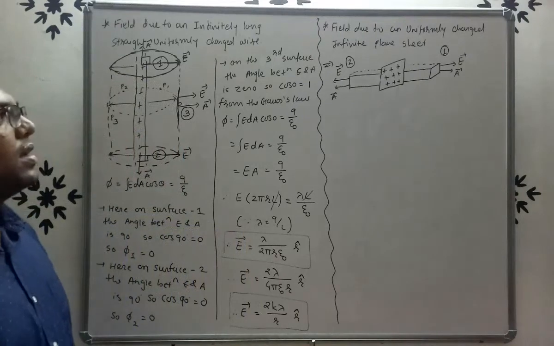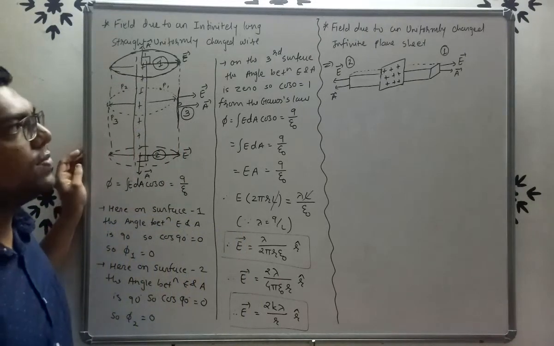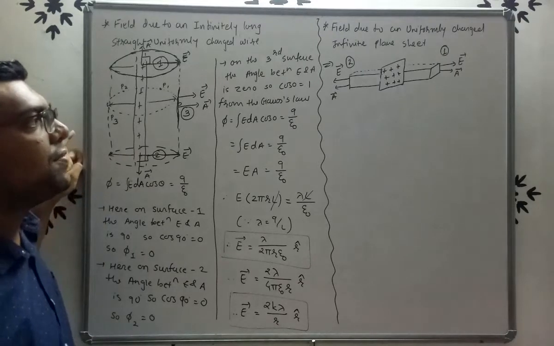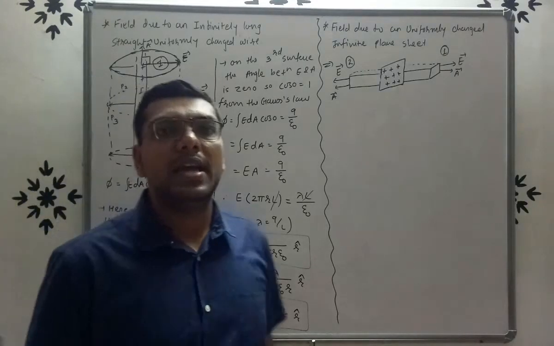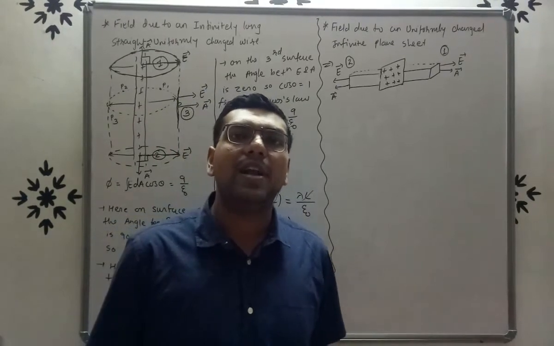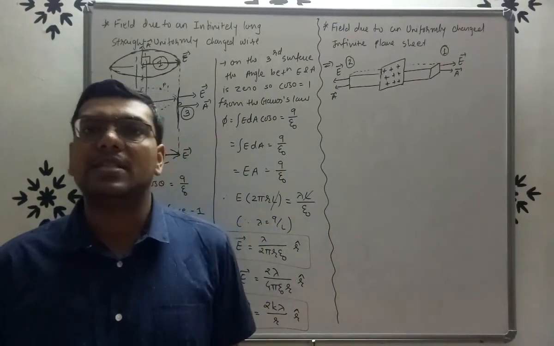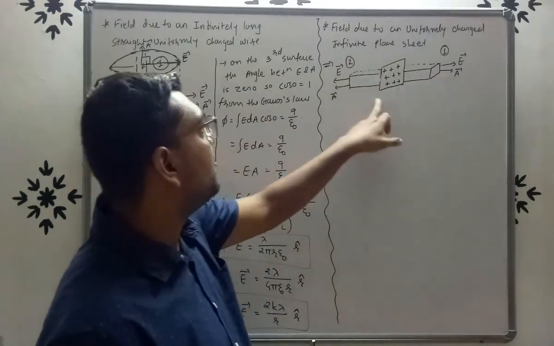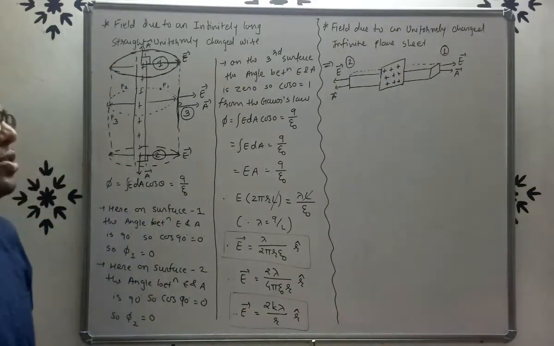Next point is, here for surface 1 and surface 2, the direction of electric field and area vector are the same. So the angle between electric field and area vector is 0. So we have to calculate the flux on surface 1 and surface 2.